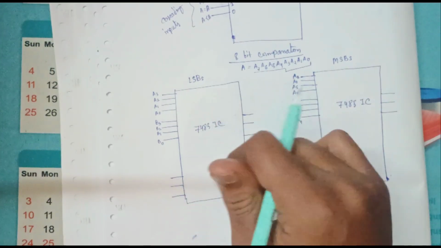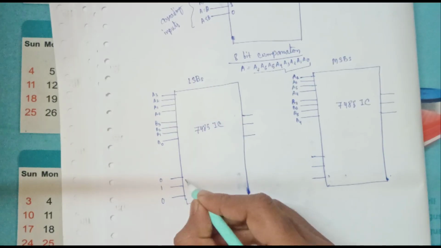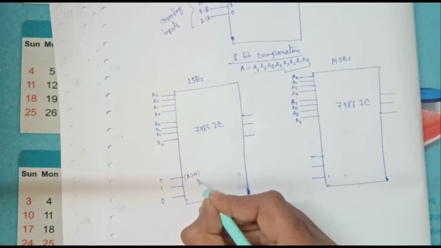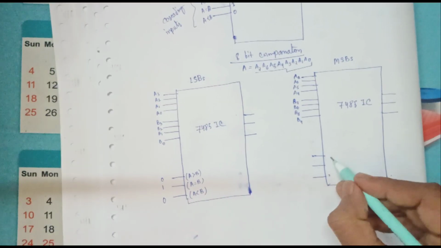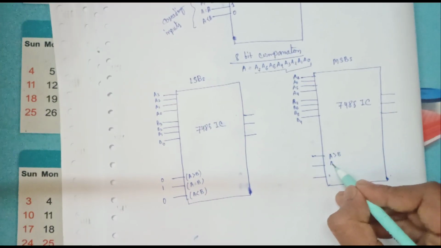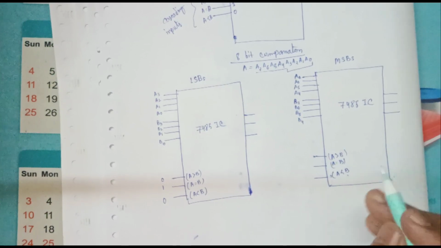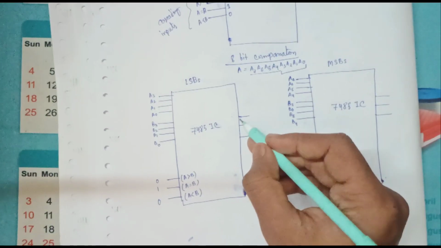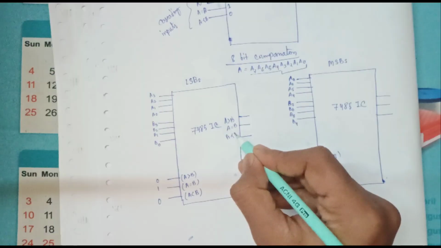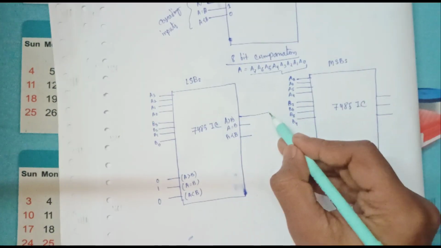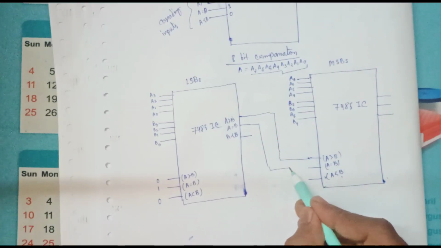Here also, for the first chip, the cascading inputs will be 0, 1, 0. The output of this chip will be connected with the cascading inputs of the second chip.